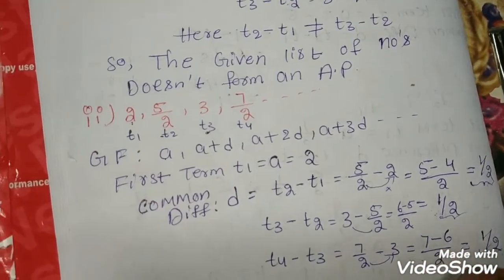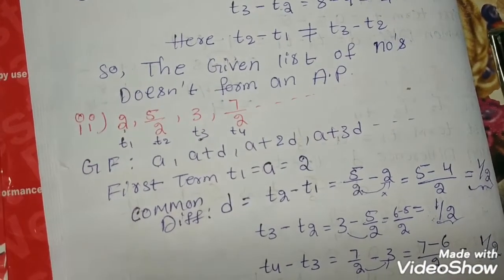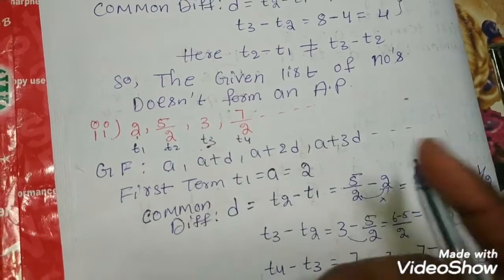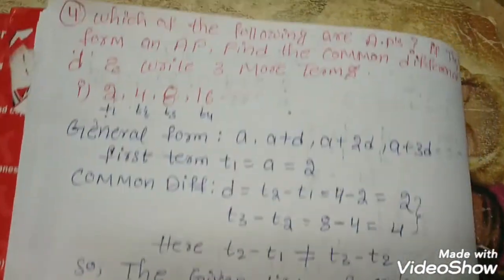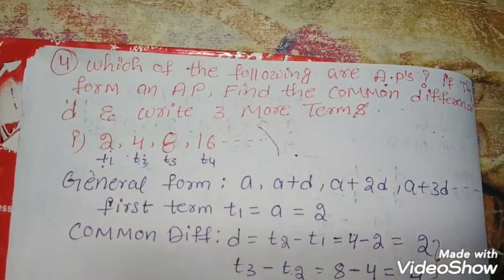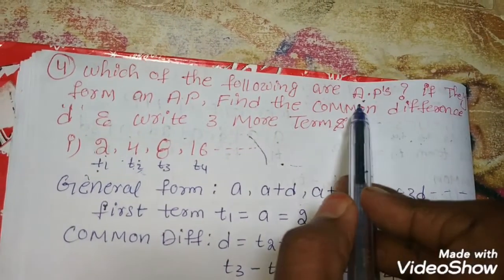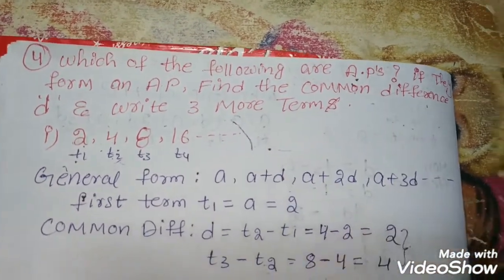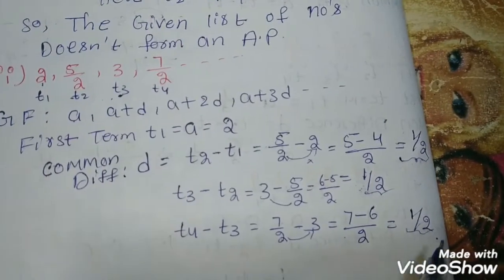If you have a constant common difference, then the terms are in arithmetic progression. See what they gave in the question. We checked and the common difference is 1 by 2.